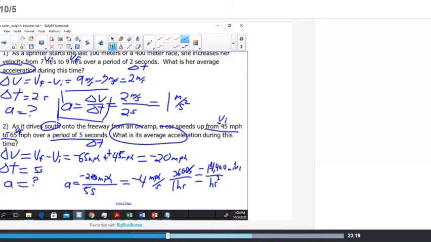It takes 10 seconds to go from 0 to 40. A high-end sports car goes 0 to 40 in 3-something seconds, right about 3.5, especially if you mod it. I have a Corvette.